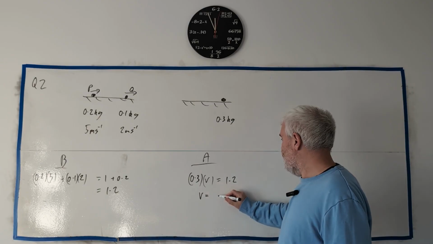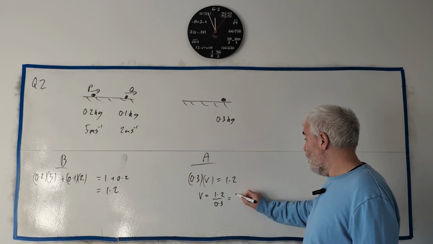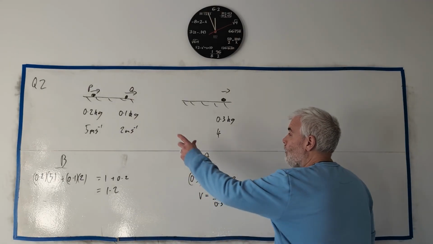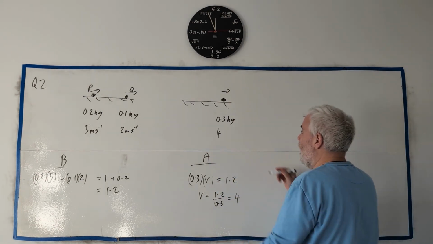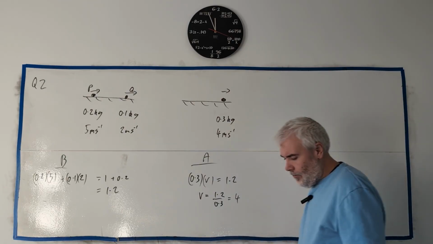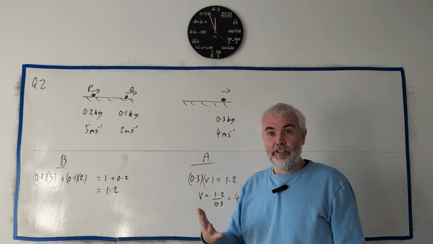Rearrange this, we get v is equal to 1.2 divided by 0.3, which goes in 4 times. This coalesced object must be moving this way with a speed of 4 meters per second. I often like to think, does this pass my smell test? Does it make sense?